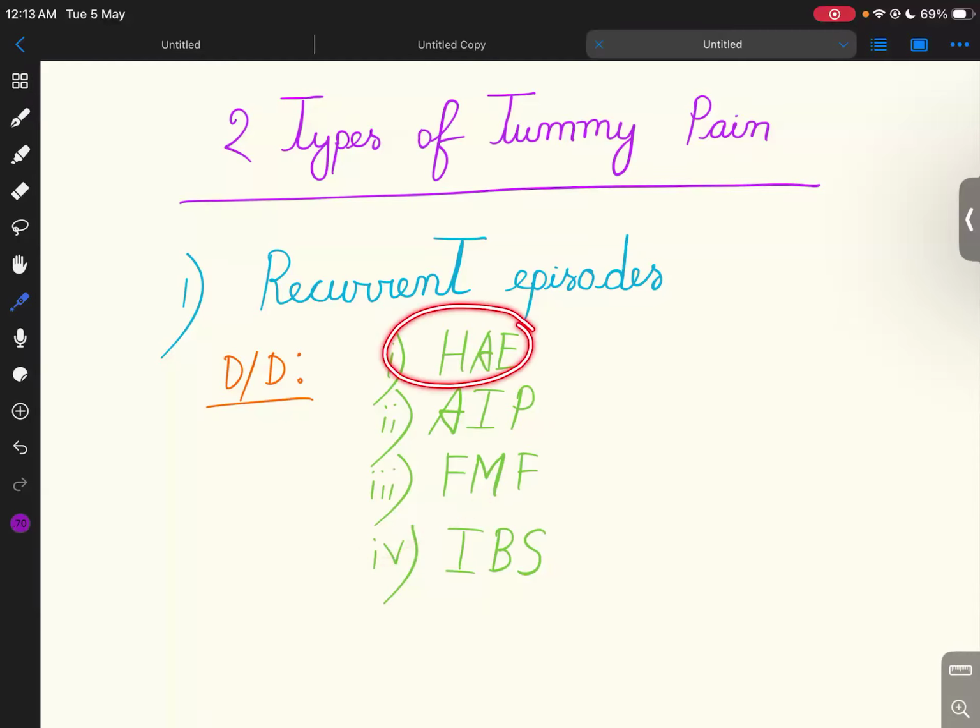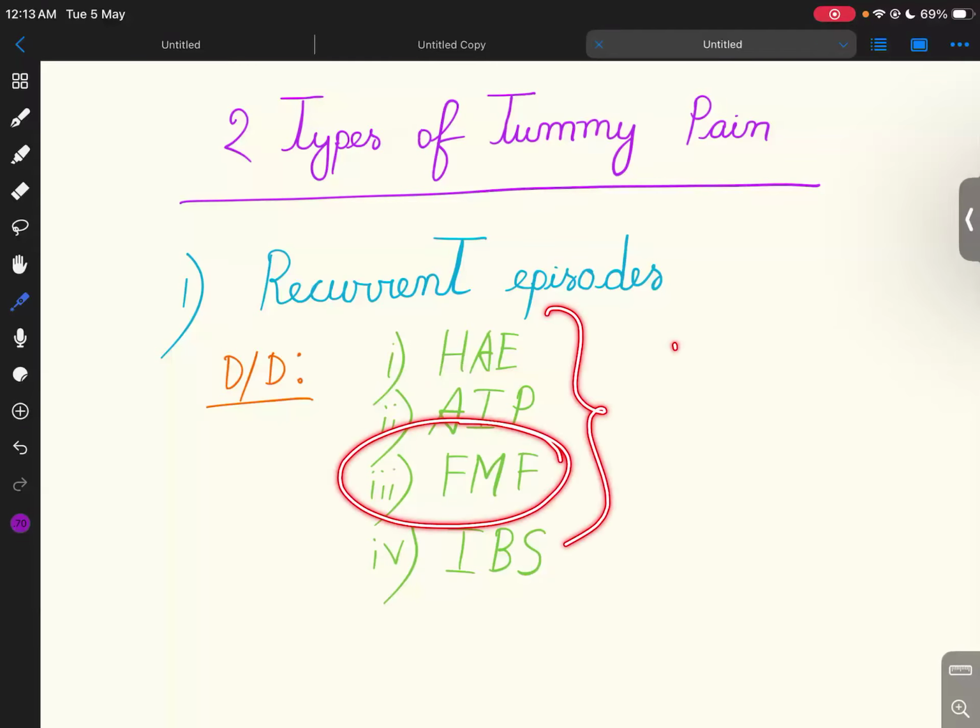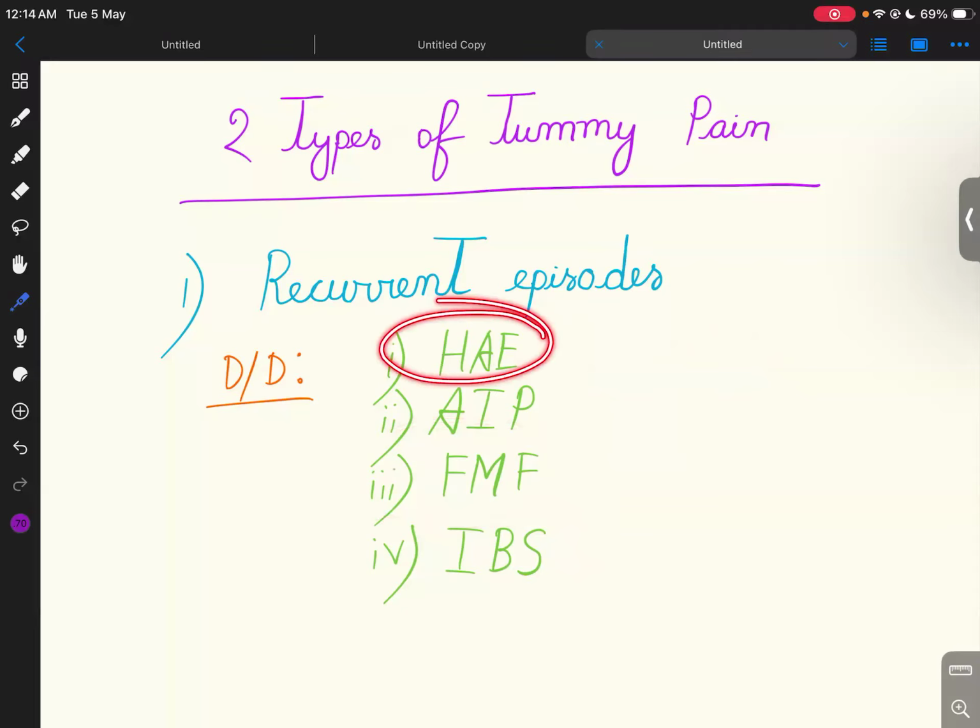In case of hereditary angioedema, acute intermittent porphyria, and familial Mediterranean fever, all will have a positive family history because they are genetic diseases. In case of hereditary angioedema, along with the tummy pain, the patient will have breathing issues. You will be given an absolutely dummy patient. She will tell you that I am having recurrent tummy pain.